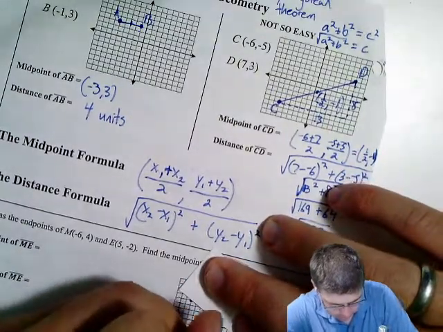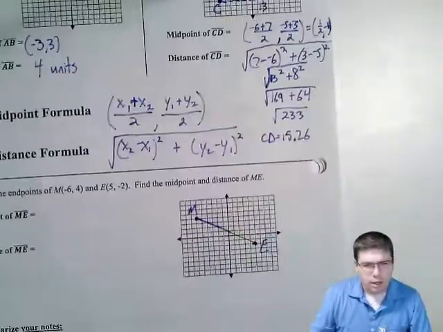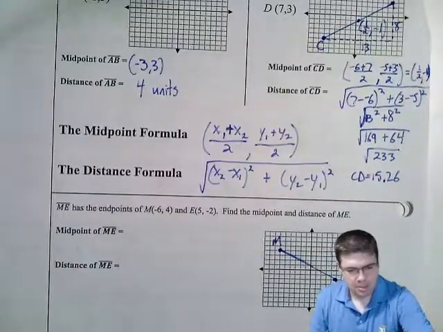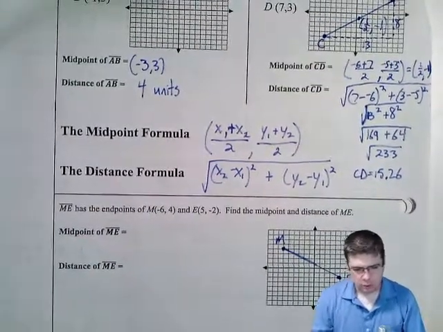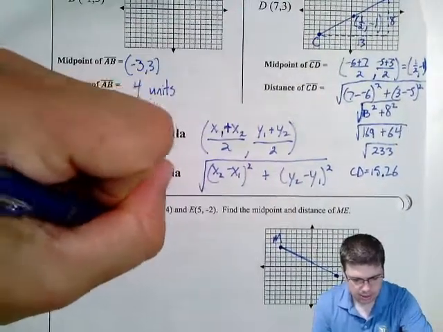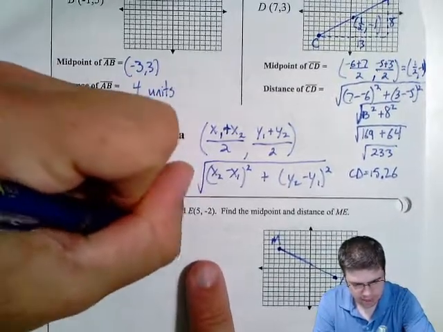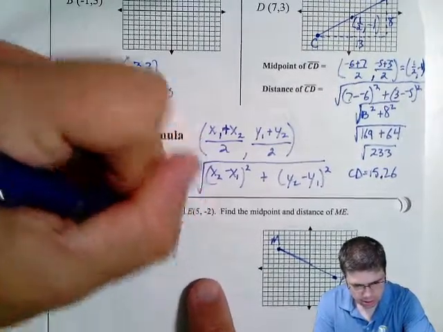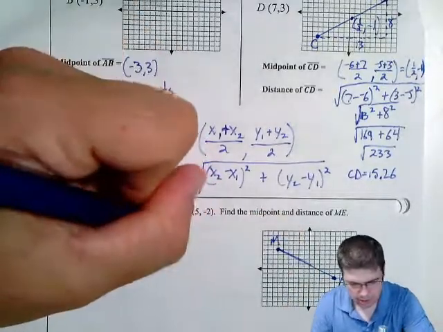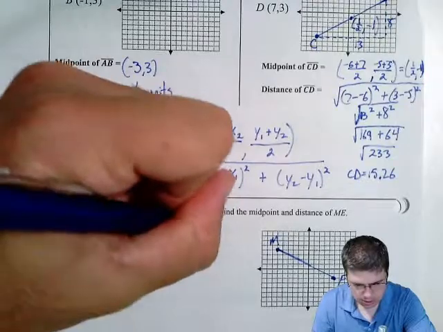Get that drawn on decently well. All right, we want to find the midpoint of those. So we can use that midpoint formula. Effectively, I'm averaging the x's. So if I take the x coordinate, -6 and 5, divide that by 2, that'll give me the x coordinate. And then the y coordinate, I can average the y's. So 4 and -2 divided by 2.